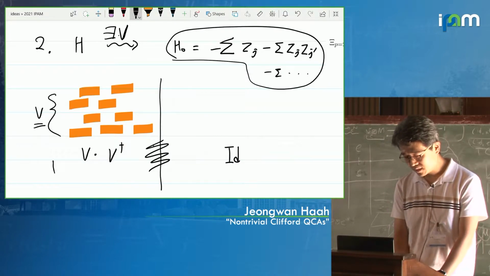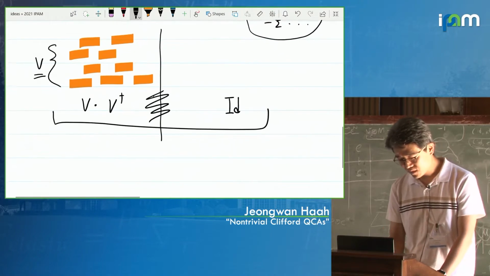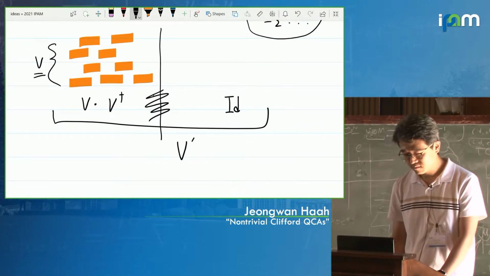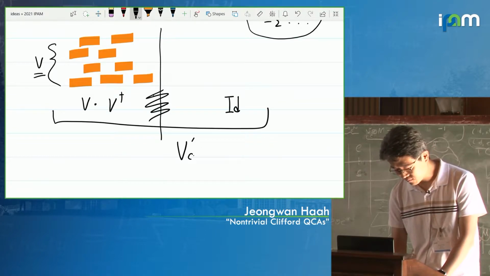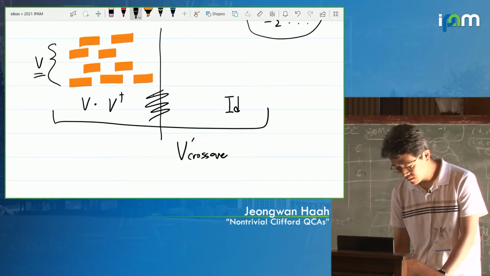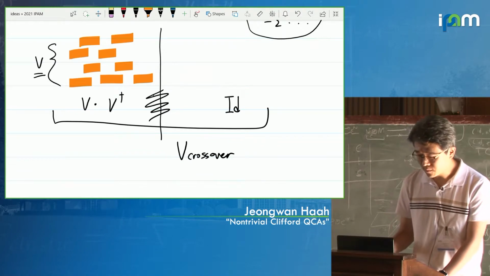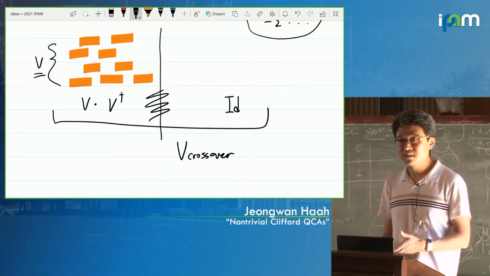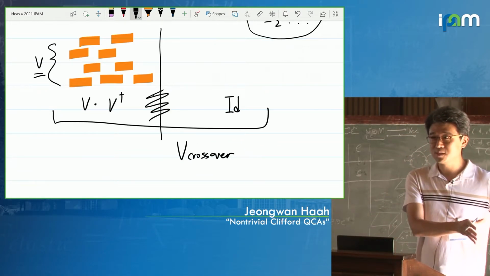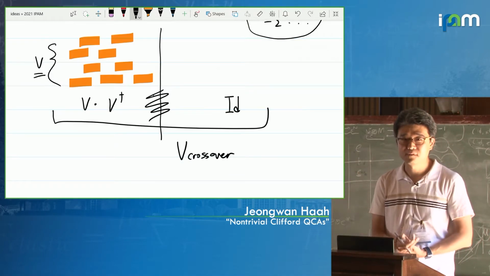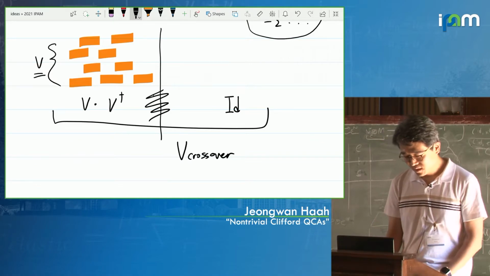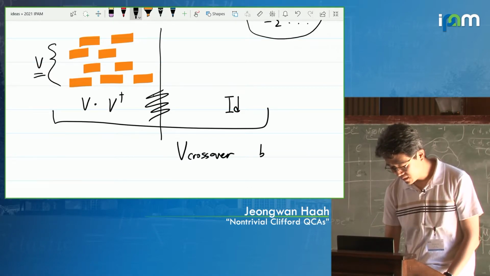And there exists a modified, say crossover, or blend, unitary that implements the given action in some region of the space and identity action on the other half of the space.